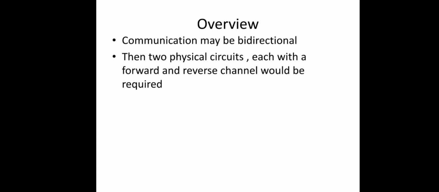One more thing. In most real life networks, communication will be bidirectional, right? Both machines want to communicate with each other. So we have to establish two different physical circuits between these two machines, each with a forward and reverse channel. Forward channel for the data frame and reverse channel for the acknowledgement frame.